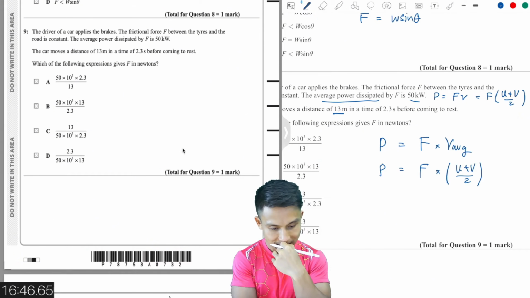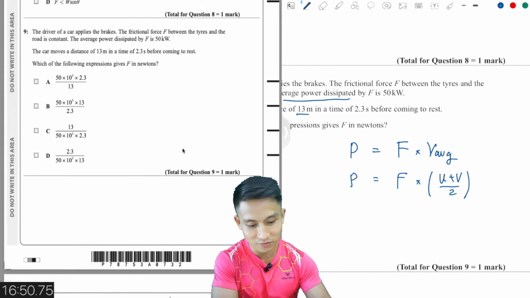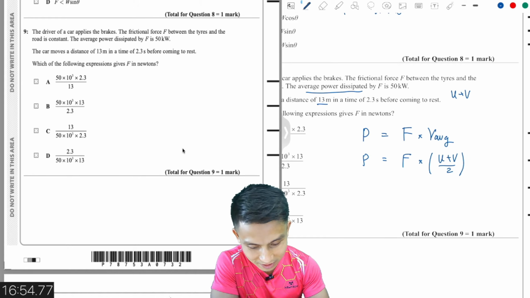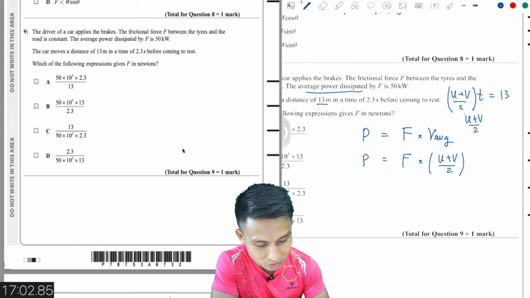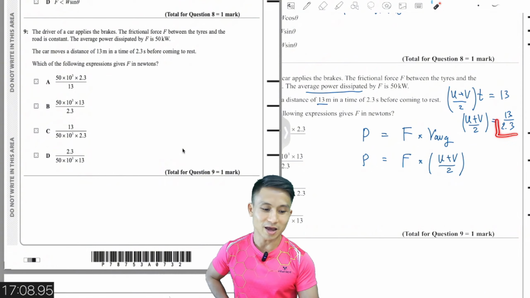And I shouldn't have deleted that. Sorry for the confusion. The average speed times time is going to be equal to the distance. So if we make U plus V over 2 the subject, we get 13 over 2.3. So this is the average speed.